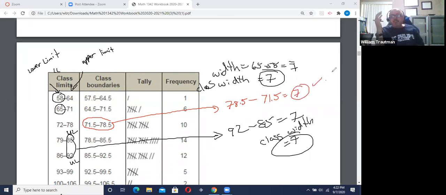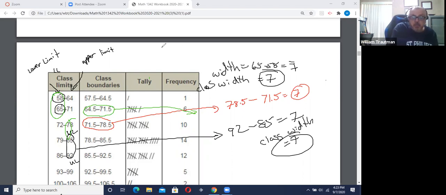Do you see I got 7 for all this? You can subtract any two successive lower limits, any two successive upper limits, or any class boundaries. They don't have to be successive there. They have to be the actual class boundary. So that's how you find your class width.